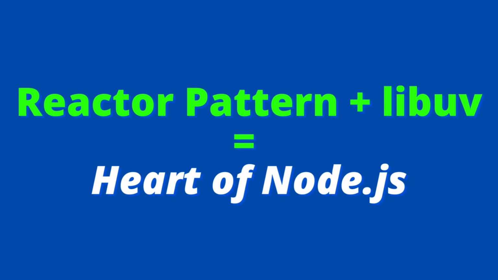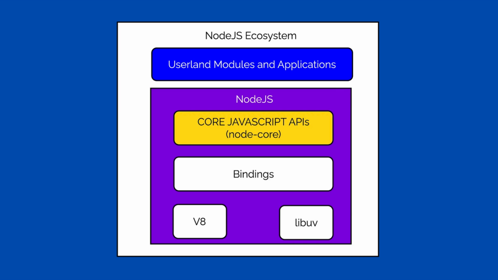While the Reactor pattern and libuv are definitely the beating heart of Node.js, there are still a few more components needed to power the complete platform in the way we see it. Check this illustration. As you can see, we have a few more important components other than libuv. There is a set of bindings for wrapping and exposing libuv and other low-level functionality to JavaScript. Remember, libuv was written using C programming language.